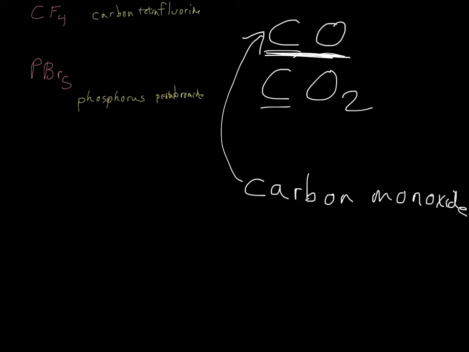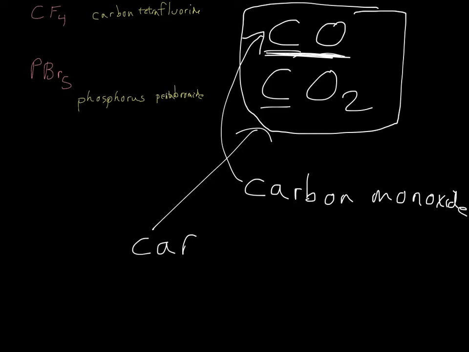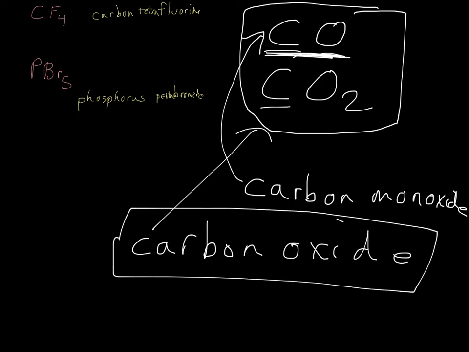But if I want to talk about all the compounds that contain carbon and oxygen, all of them in the entire universe, all the compounds that can be made from only carbon and oxygen, I refer to them as carbon oxides. So that winds up being a sort of family name, if you would. Whereas this refers to just the individual compound. This refers to the family of compounds.